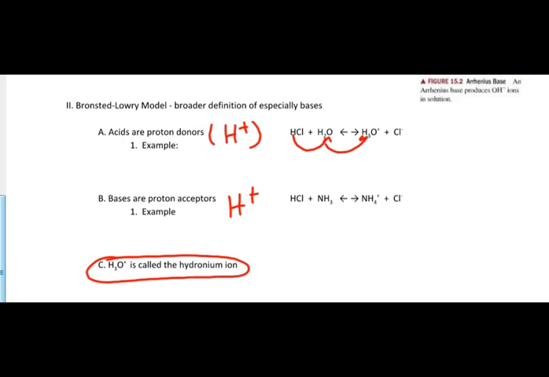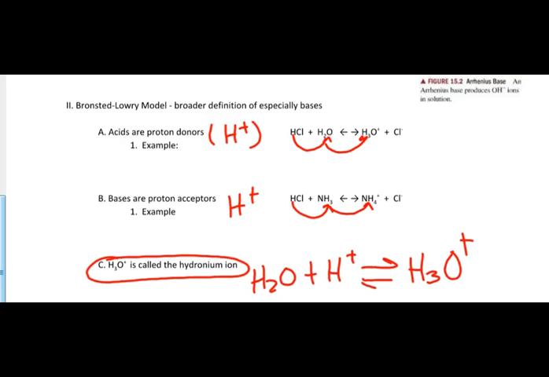So the NH3 over here is going to accept that proton from the HCl, and that's how we get the NH4+, the ammonium ion. You recall me earlier talking about the hydronium ion that is formed from water in solution with the hydrogen ion.